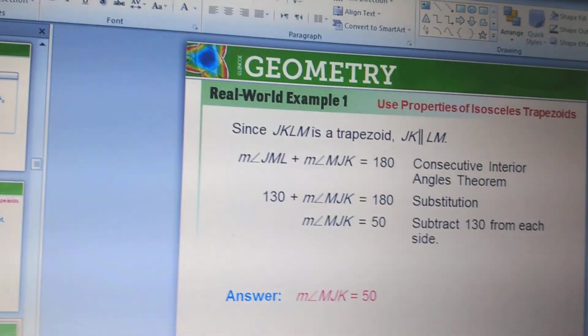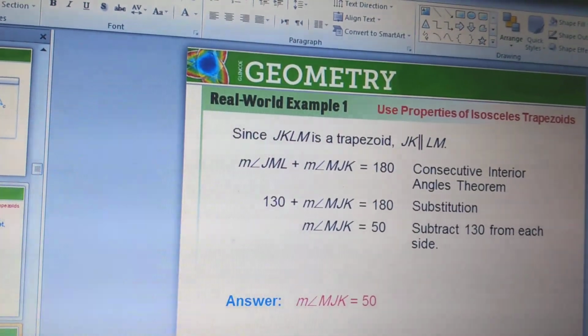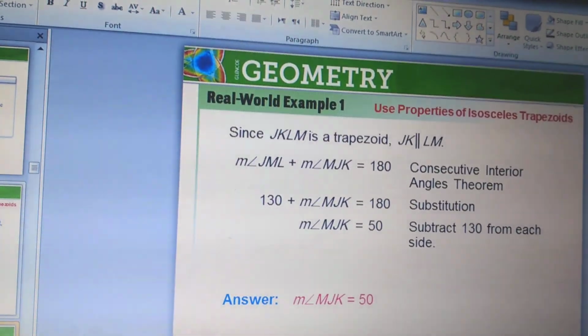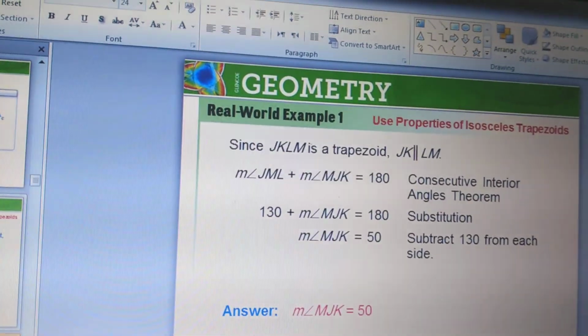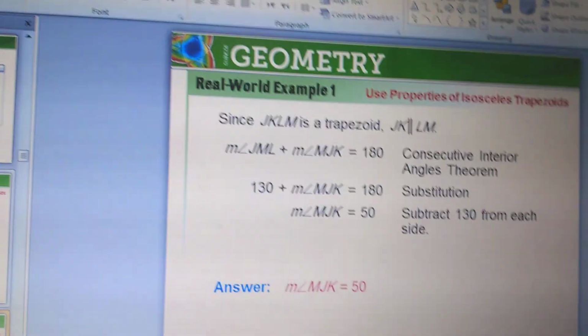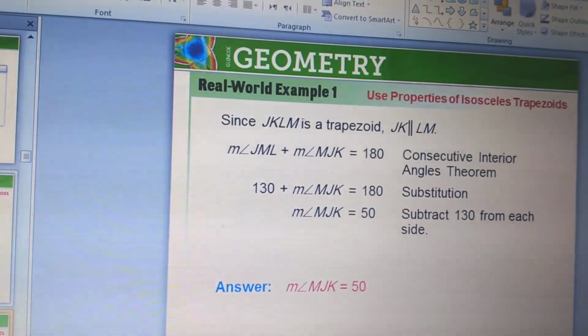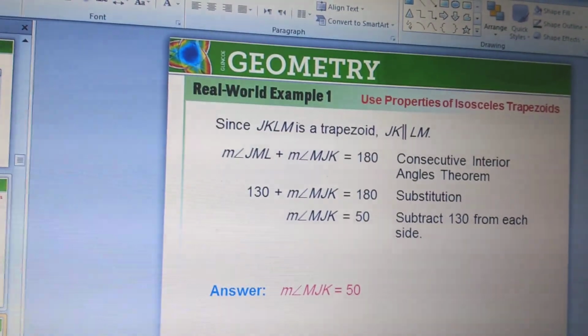Of course, here we have JKLM is a trapezoid. In general, it is a trapezoid. I don't know if it's isosceles or not. This trapezoid is given. He said it is a trapezoid. Then, when this figure is a trapezoid, this means I have a pair of sides parallel.